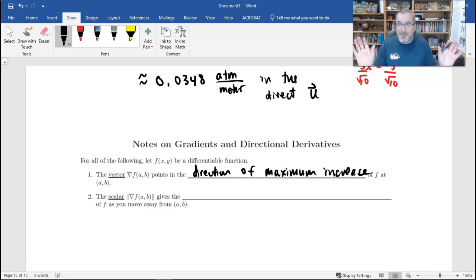So metaphorically speaking, if you want to increase the output quantity, whatever the function's about, temperature, pressure, who knows what, if you want to increase that function at its greatest rate, move in the direction of the gradient vector. The scalar gives you the actual magnitude of that maximum increase.